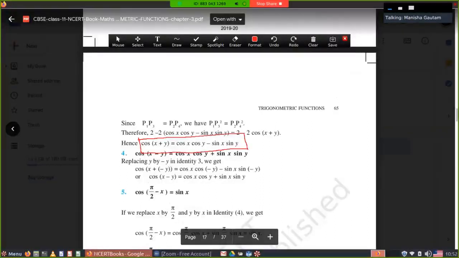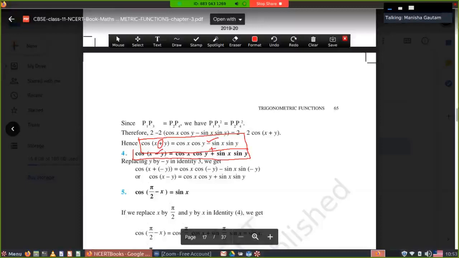And the second formula is cos of x minus y is equal to cos x cos y plus sin x sin y. You can see here, when the formula is of plus, the answer is in minus. If the formula is of minus, then the answer is in plus.